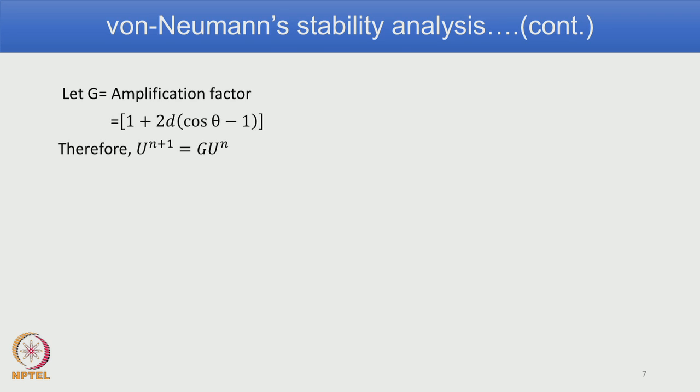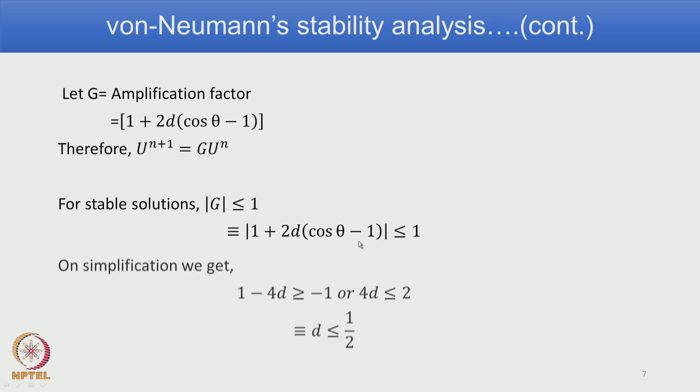So, u of n plus 1 is related to g times u of n. If the error needs to be contained, then for a stable solution the modulus of g needs to be less than or equal to 1. In other words, the modulus of 1 plus 2 d times cos theta minus 1 needs to be less than or equal to 1.